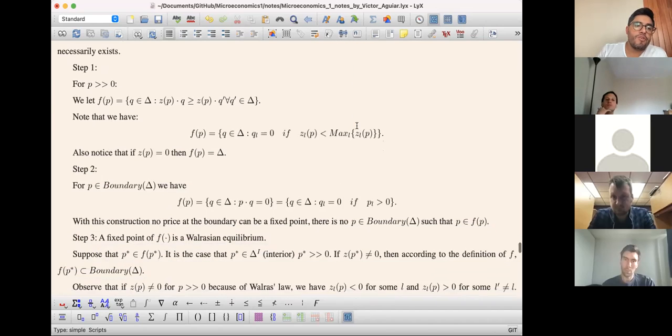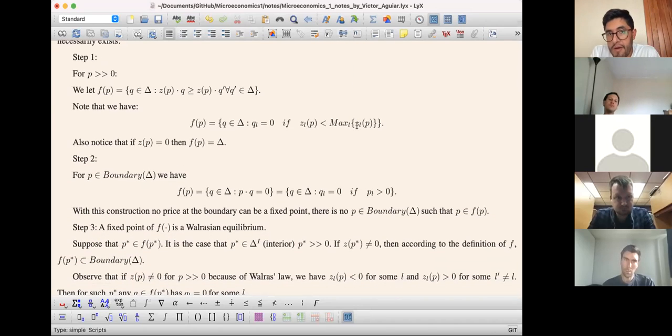Okay? So that's going to be the plan. So let's do that. Step 1, I want to create the map F. I'm going to let F of P be equal to all elements Q in the simplex, such that if I multiply z of P times Q, it has to be greater than or equal to z of P times Q prime.